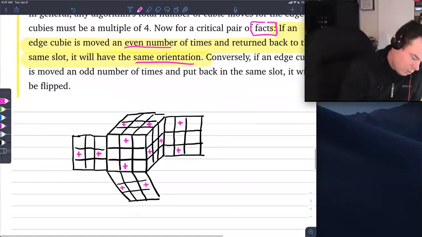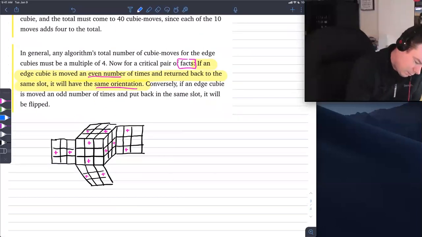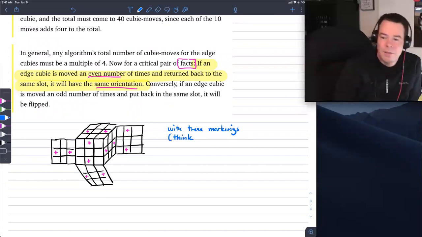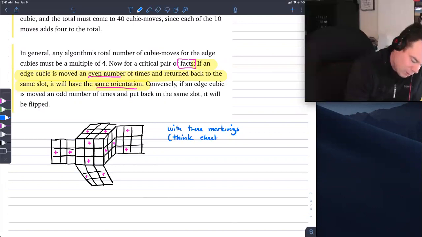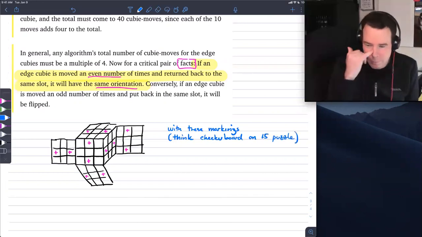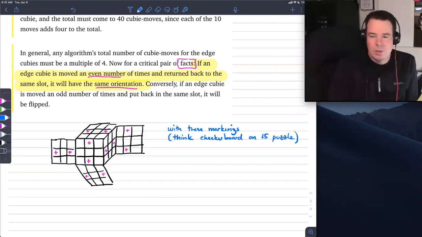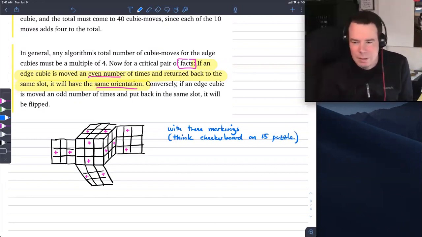And now with this orientation, I'm going to conjure up something. Think checkerboard on the 15 puzzle. Remember, we used the checkerboard on the 15 puzzle to talk about odd versus even moves away from the space 16.